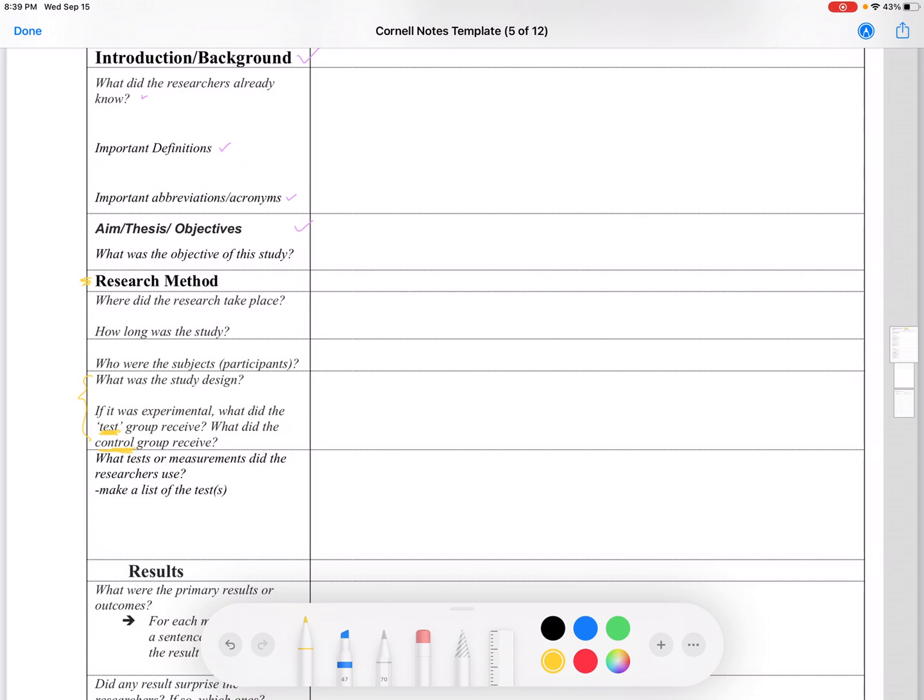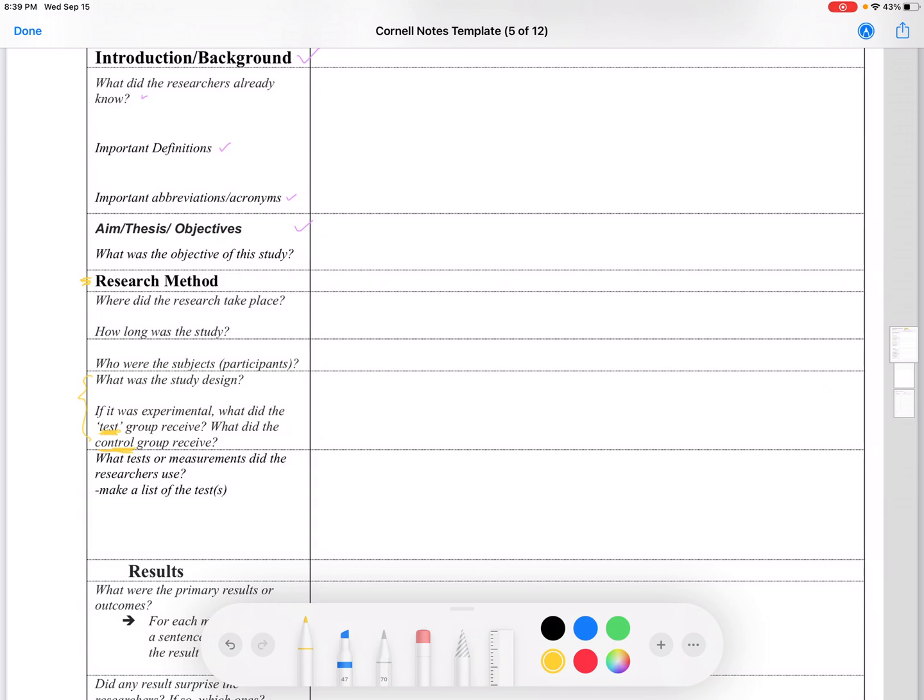And then they will compare the test group to the control group. Look for those words. They might call it a treatment group, and they will compare the treatment group to a placebo group. Remember, placebo means there is no medicine in the pill.